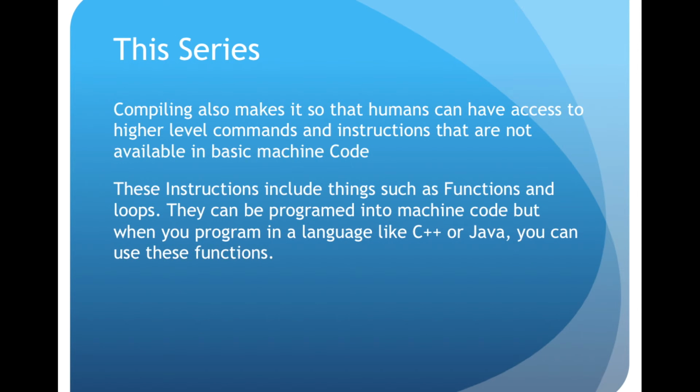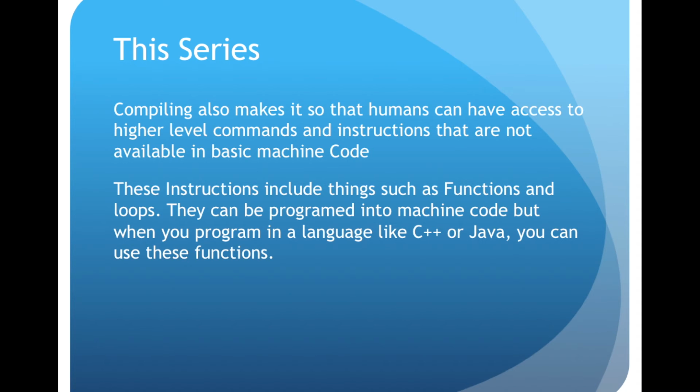So what I'm going to be doing in this series is, first of all, explaining everything that the computer can do. And then from there, I'm going to be going up and explaining how the computer does all these quote-unquote high-level functions, like loops and functions and object-oriented programming, that are pretty easy to do in a programming language that you might use, like C++ or Python or, I don't know, C#, Java, Perl, Ruby.